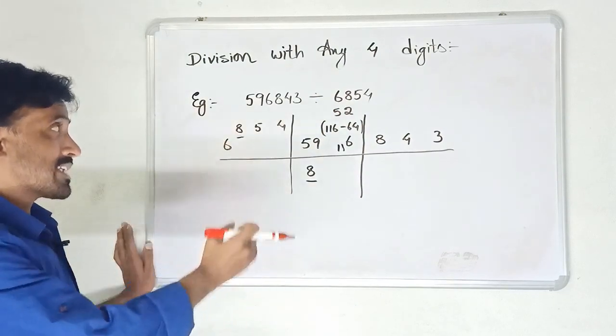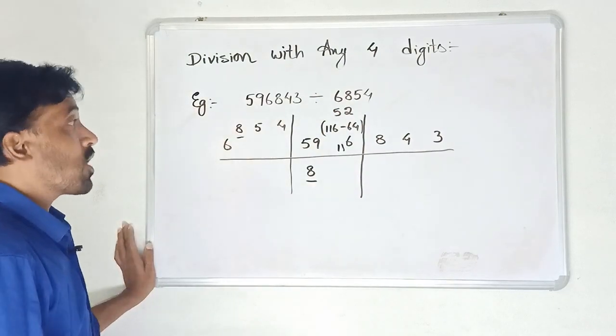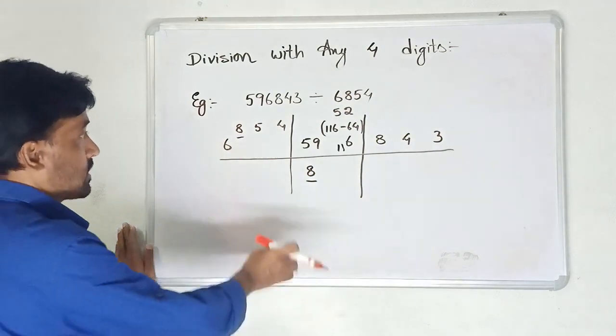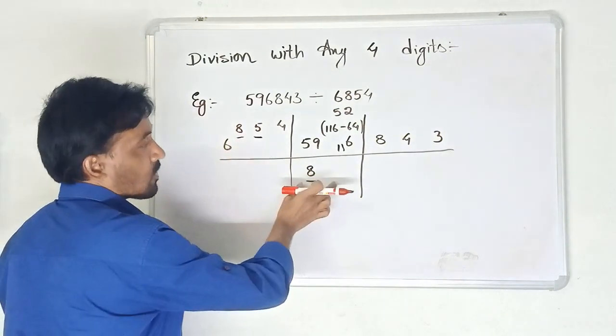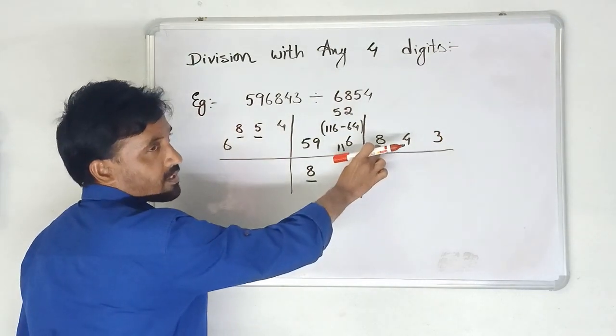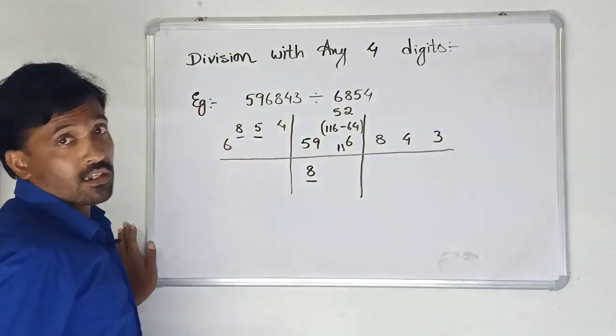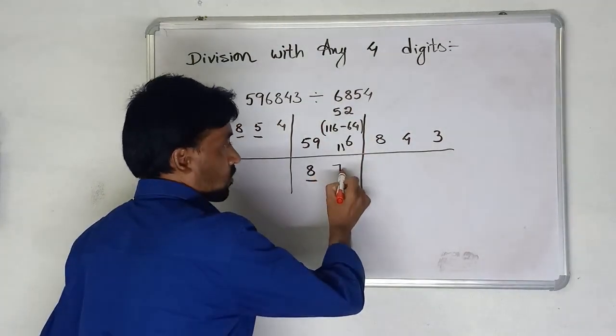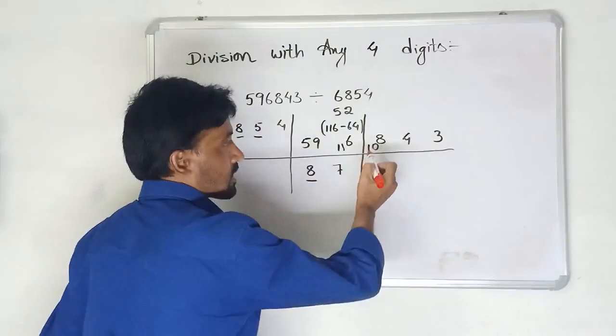Now 6 divided into 52 is 8 times actually. But when I take 85 under 88, can I cross multiply this? It is not to be subtracted from the next digit. So it is to be reduced to 7. 6 times 7 is 42 and it leaves remainder 10.